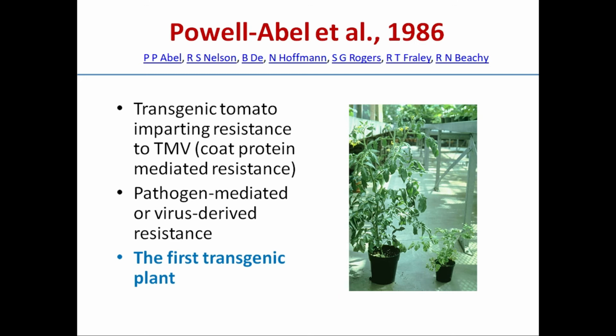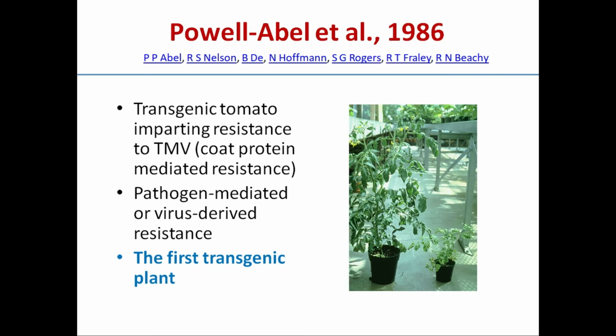Then one landmark development happened in the year 1986 when the first transgenic plant was developed. It was a transgenic tomato plant, developed to show resistance to tobacco mosaic virus. This resistance in the tomato plant was obtained by taking a gene from the virus itself, tobacco mosaic virus, and that gene was the coat protein gene of the virus.